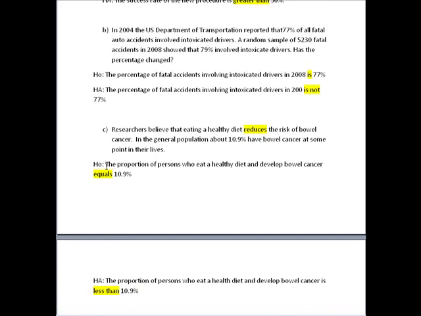The null hypothesis is that the proportion of persons who eat a healthy diet still have a 10.9%. There is nothing different in their proportion. And we're going to use a less than in the alternative because the statement of the problem points us in the direction that a healthy diet reduces the risk of bowel cancer.